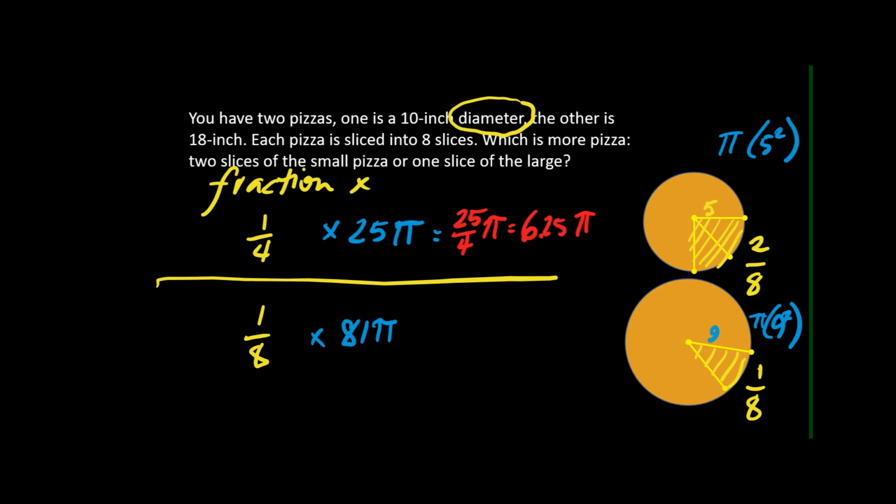What's 81/8? Well, that's more. What would 80/8 pi be? That would be 10. So this is 10 point, what is an eighth? Something like 125. So anyway, this piece wins.